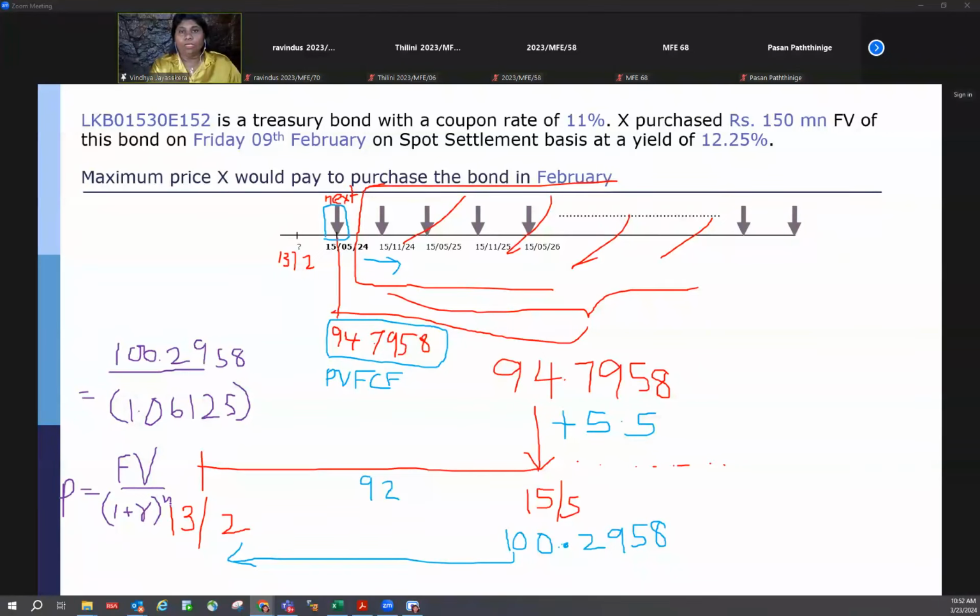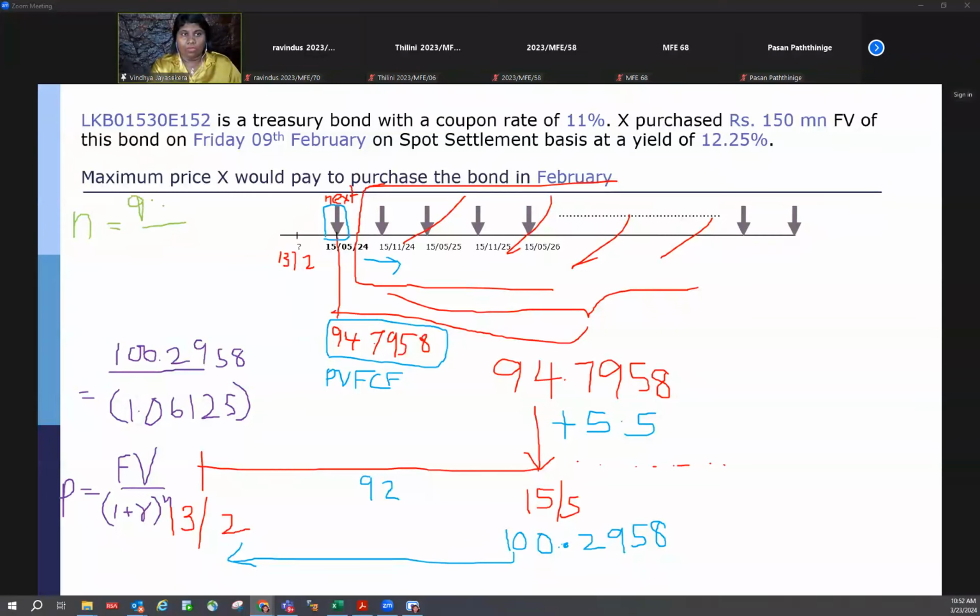What is the odd period that we will use? What is n? N is not a whole period here. N is an odd period. How much is that? What divided by what? 92 divided by 180.